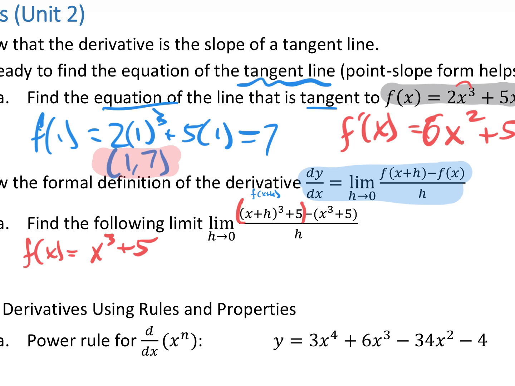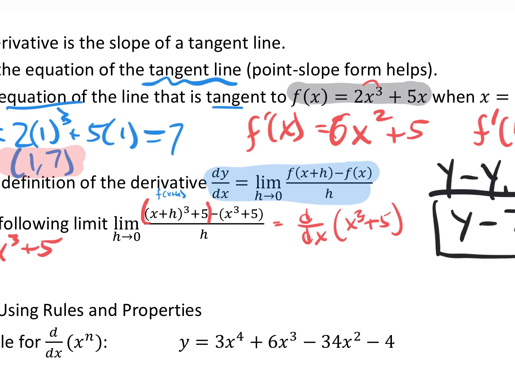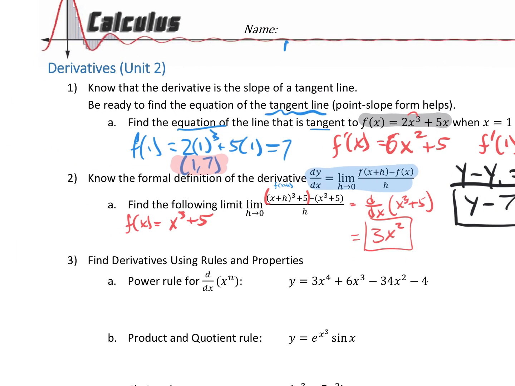So what that tells us is that this is the derivative of f of x, which is x cubed plus 5. Well, do you know what the derivative of x cubed plus 5 is? We should. It is 3x squared, and the 5 goes away. So once you recognize that it's a derivative, don't do all the limit stuff that we did before. Just rewrite it as a derivative and take the derivative.